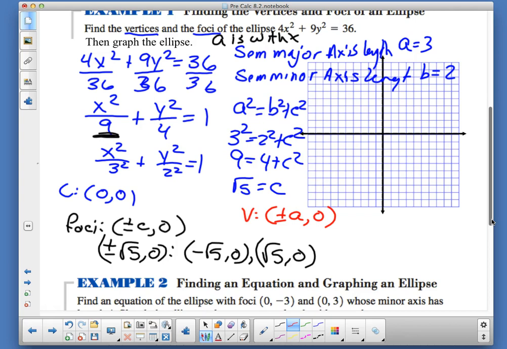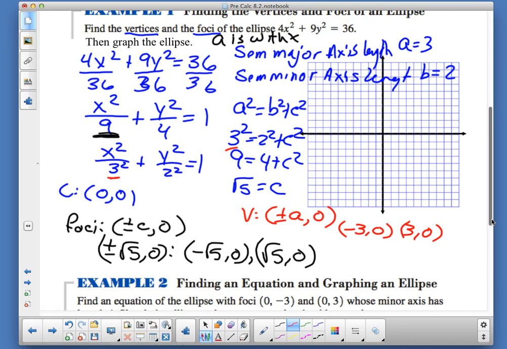So I know already that A is 3. Okay, I found that right here. Used it in a couple different spots. So my vertices should be negative 3, 0 and 3, 0. Questions about where I'm finding my values? And I listed what the foci is, what my vertex is, and everything else.